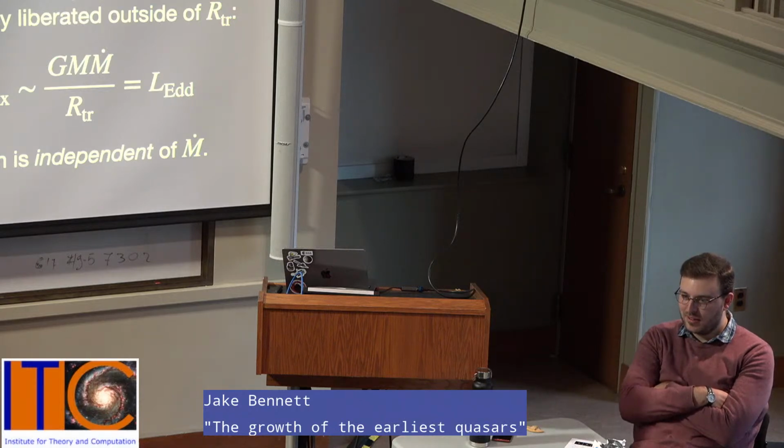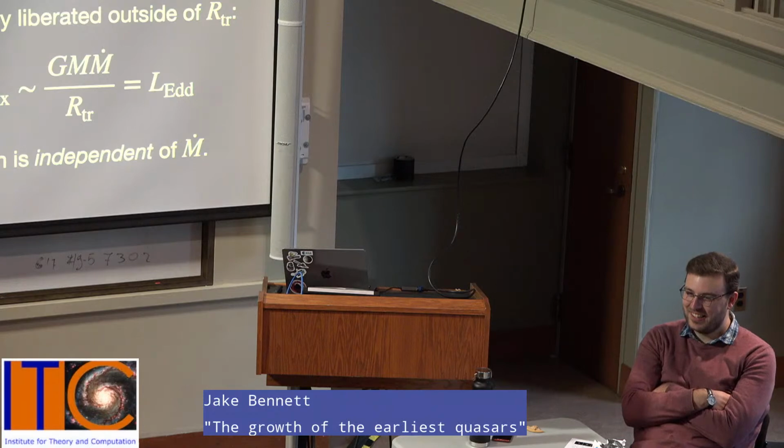Okay, there's a pretty funny story about this. When we started to do this, we took the local relation as a prior to infer the high redshift relation. And we found a high redshift relation that scales up the black hole masses by a factor of 10 to 100 approximately, but the slope is pretty similar to the low redshift relation. So we thought, maybe this is just a bias.